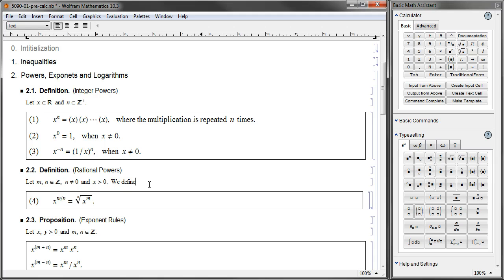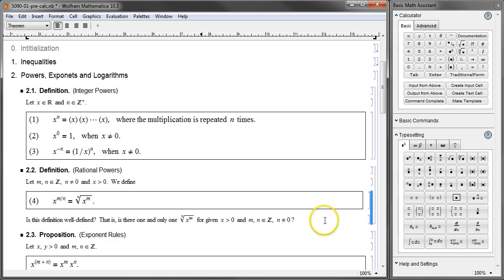Okay, but there's a bit of a problem of this radical. I mean, we have been using this radical notation for a long time, but is it really a well-defined concept? Well, that's something we'll have to come back and prove at some point, and boy, it's not going to be that easy.